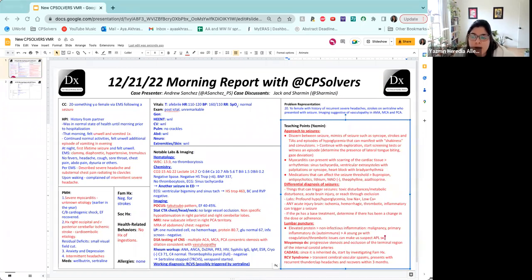We can even wait to witness an episode and determine the presence of lateral tongue biting, gaze deviation, and such signs. Also, this patient had myocarditis that can present with scarring of the cardiac tissue, and one of the arrhythmias it can cause is ventricular extrasystoles with palpitations or syncope. So we had to keep that in mind too.